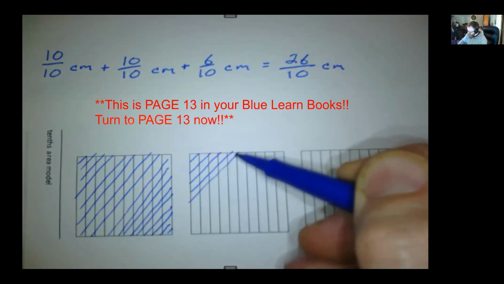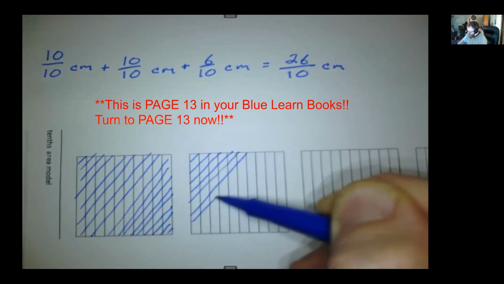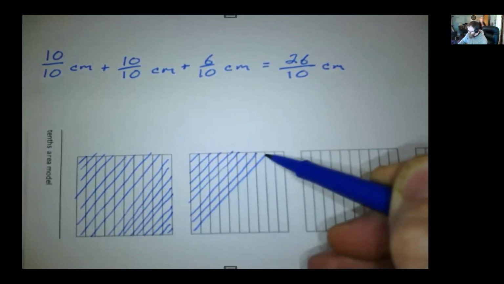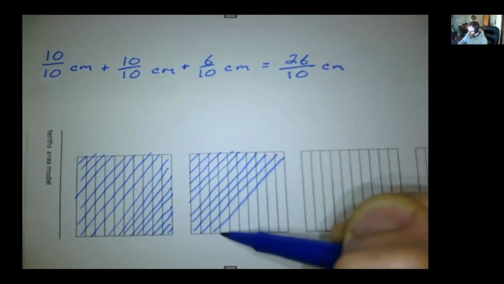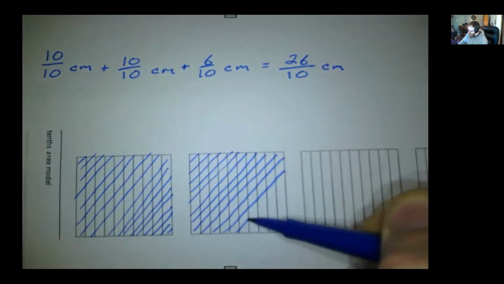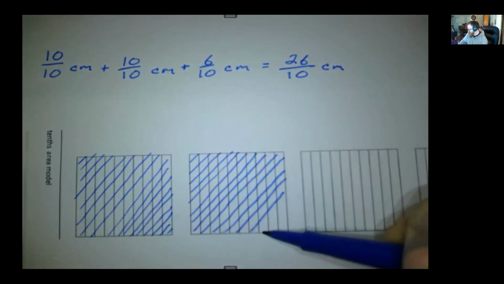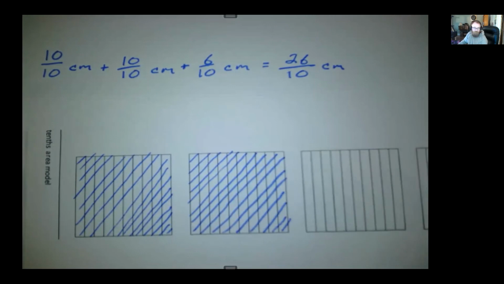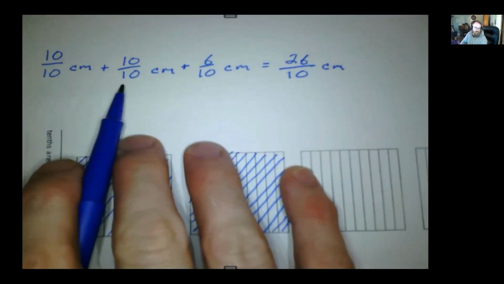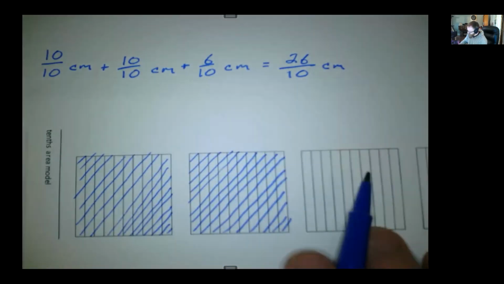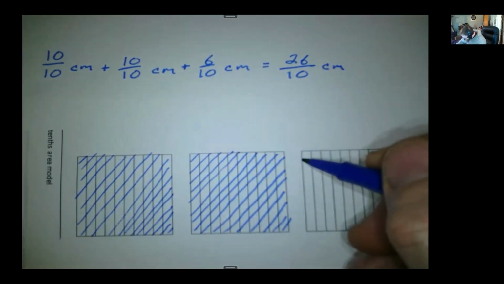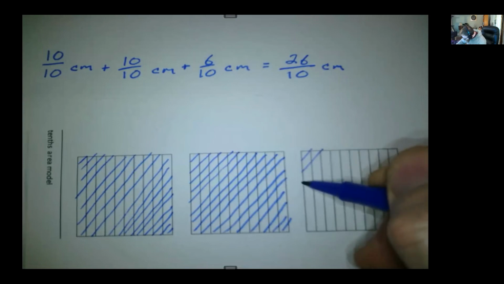Each full model represents 10 tenths of a centimeter. Okay, our number sentence is 10 tenths plus 10 tenths plus 6 tenths. So for your last model, only shade in 6 columns.